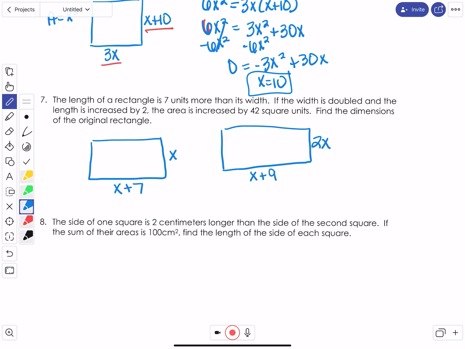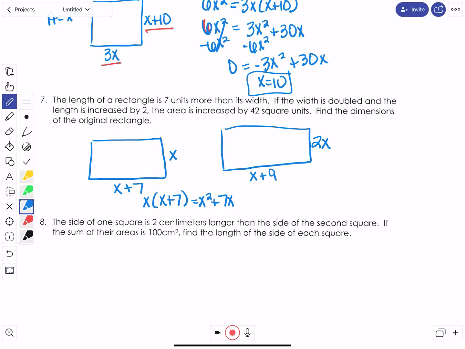Okay, so what we want to do here is you've got the x, the original area, x times x plus 7, which is going to give you x squared plus 7x, okay?